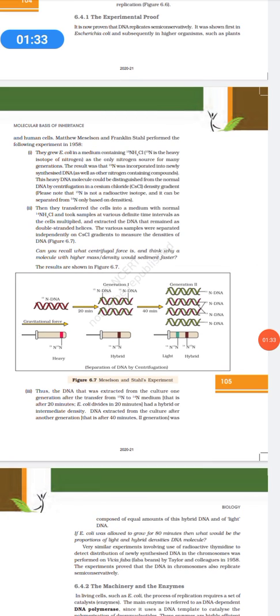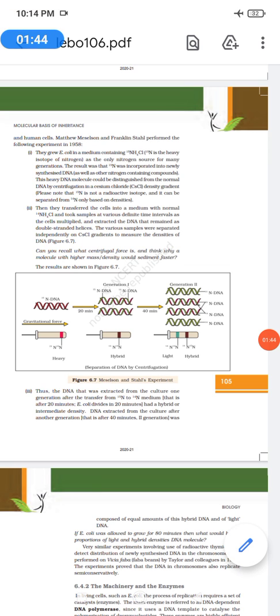Then they centrifuged this in a cesium chloride density gradient.